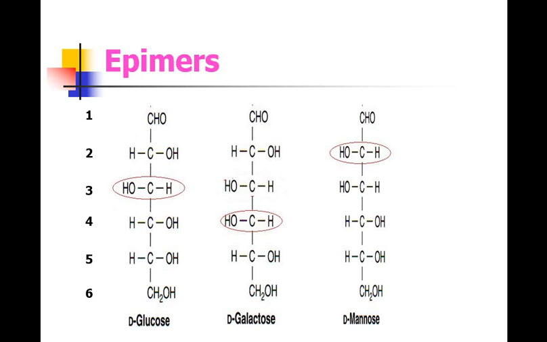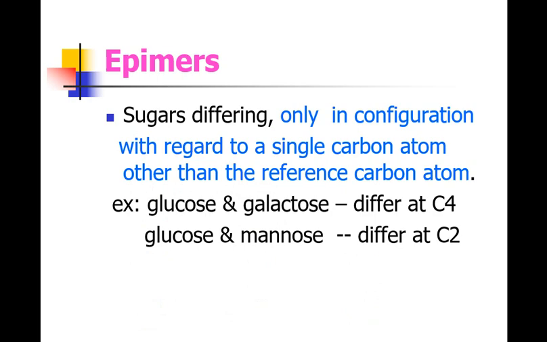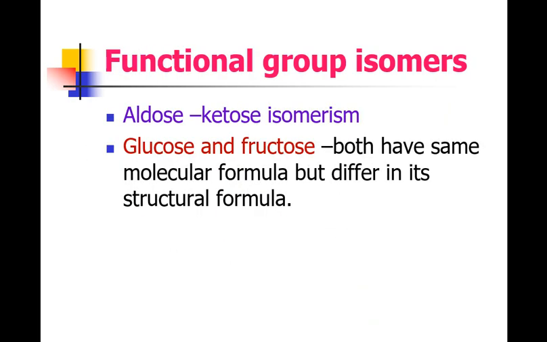So glucose and galactose are called C4 epimers, whereas glucose and mannose are called C2 epimers, because they differ with respect to the second carbon. That is why glucose and galactose are C4 epimers, glucose and mannose are C2 epimers.